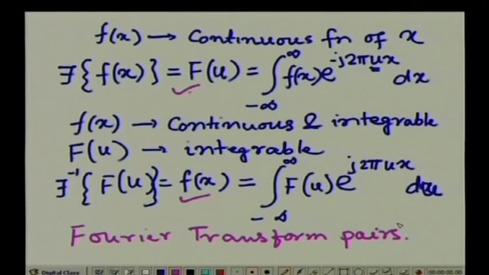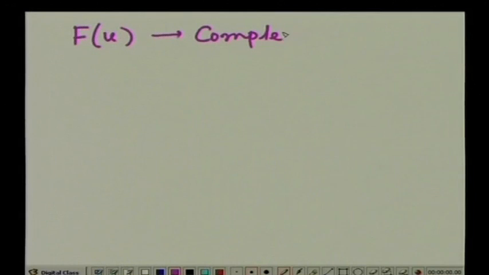So naturally the expression F(u) that you get is in general complex, because e to the power minus j 2 pi u x is a complex quantity. So, in general the function F(u) is a complex function.